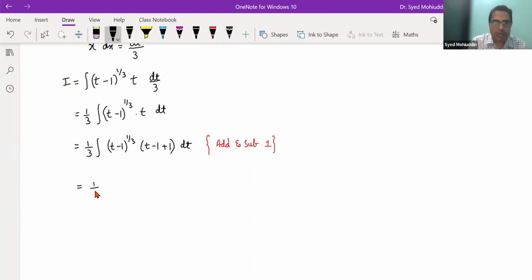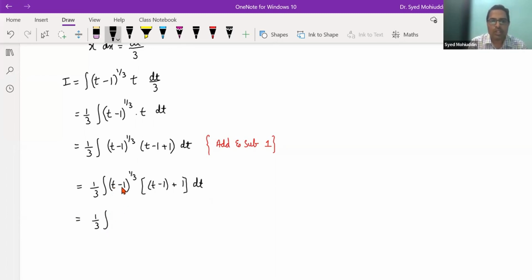This will be equal to 1 by 3 into integral of t minus 1 to the power of 1 by 3. Now I'll group this t minus 1 separately, because I want to get the t minus 1, plus this 1, I'll keep it separate, times dt. Further we simplify: it is 1 by 3 integral of.